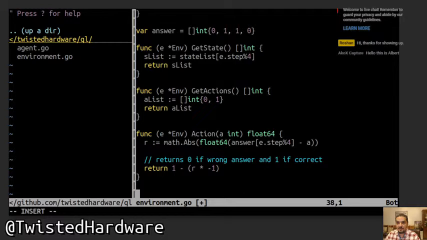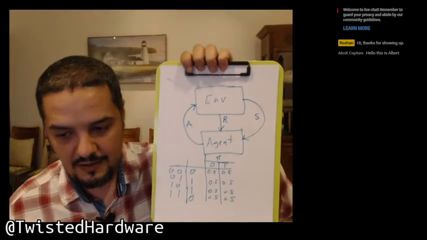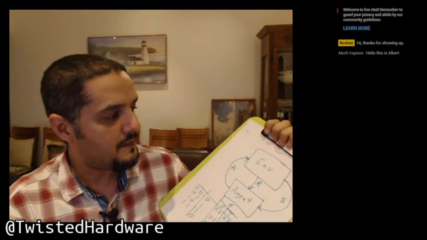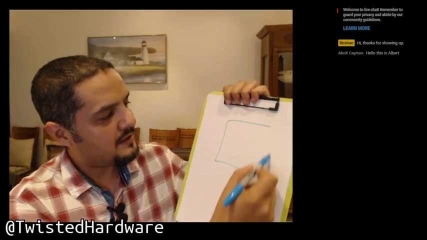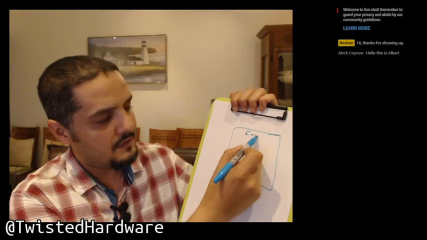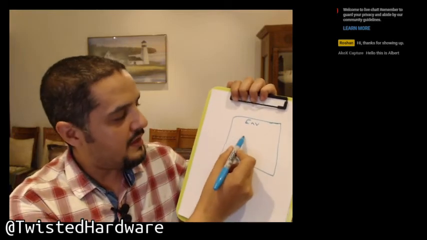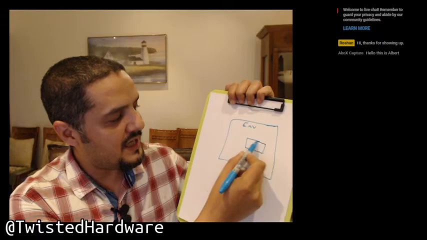Okay, what we're going to be working on today is the actual simulation. So how I imagine this to look like, it's going to look something like this. The environment, let me go back to this. Let me just use another paper here. I imagine an environment with the agent actually inside the environment.